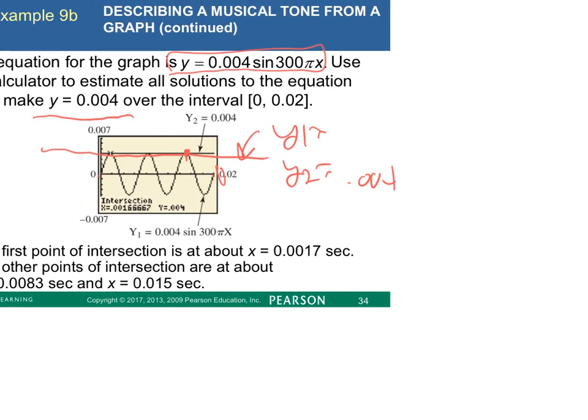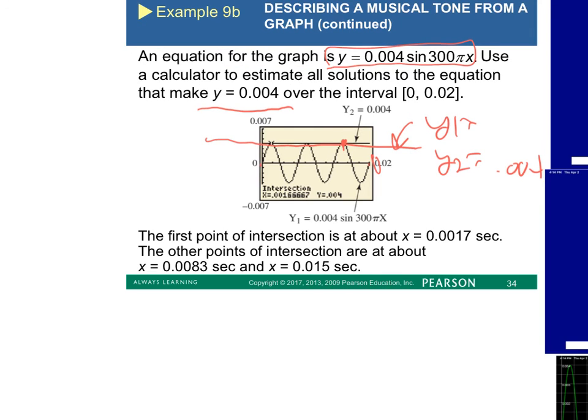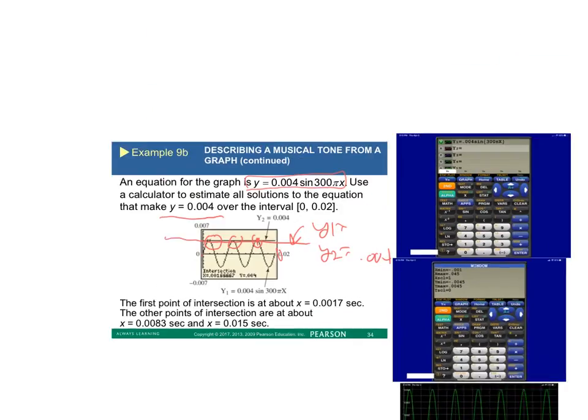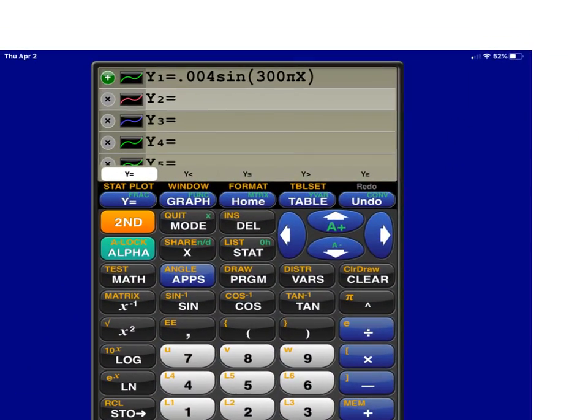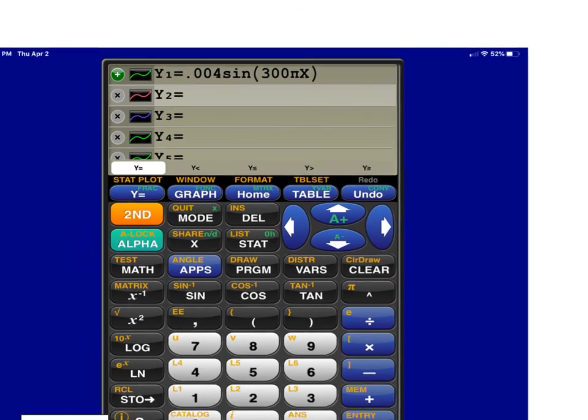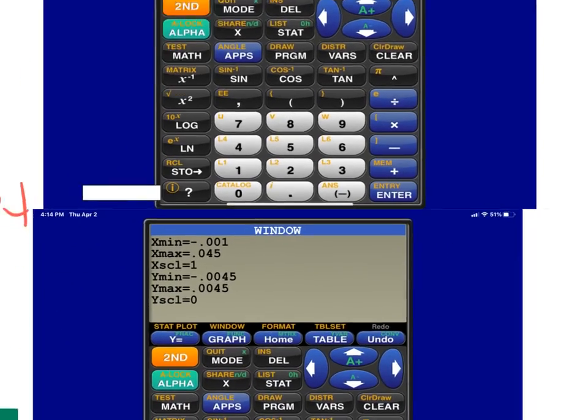Be right back. Okay, did a lot of graphing, took a lot of pictures for you to look at. So we're only looking for 3 intersections. And let me show you what I did. First thing I did, typed in the function. Next thing I did, set my window.